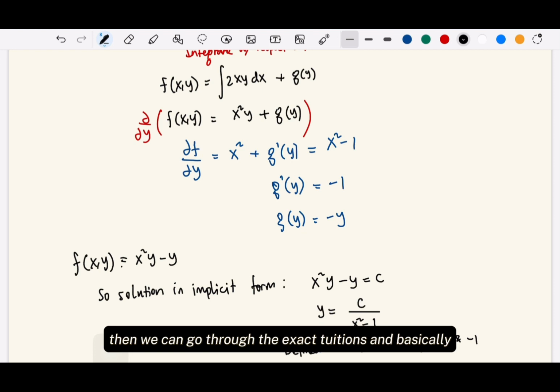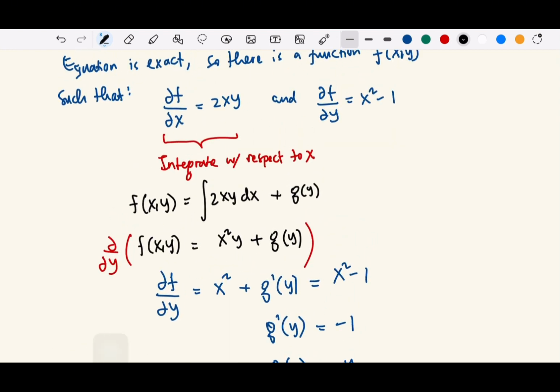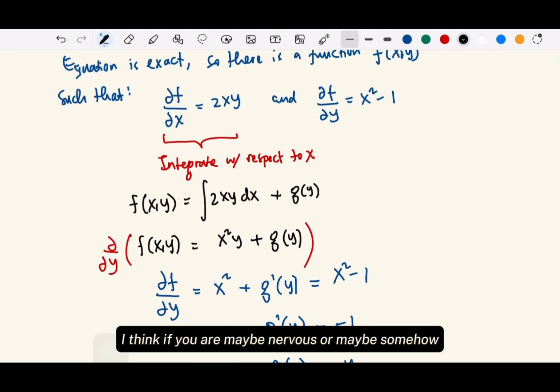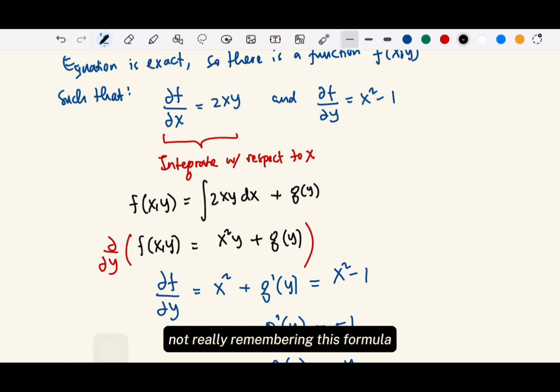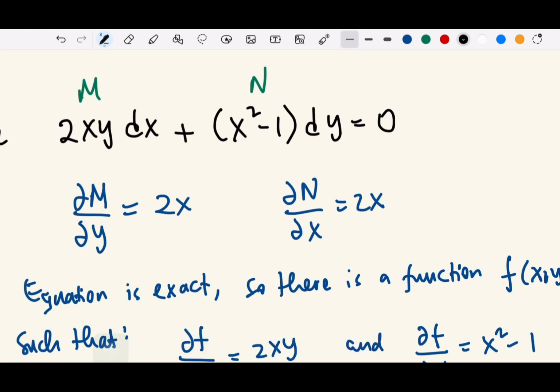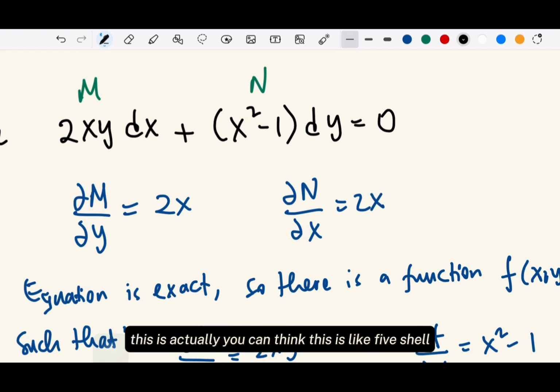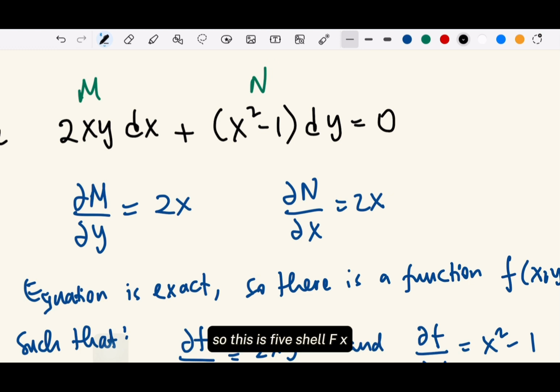And then basically, I think if you are maybe nervous or maybe somehow not really remembering the formula, you can try to rewrite the partial derivative. You can write the partial derivative, and then every time you see this kind of function, like this differential equation, you can think this is actually like a partial: this is partial f over x, this is partial f over y.